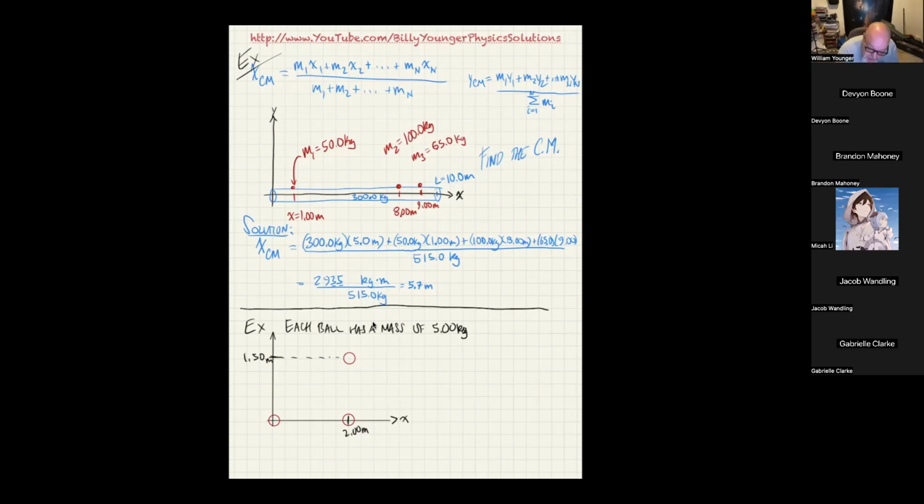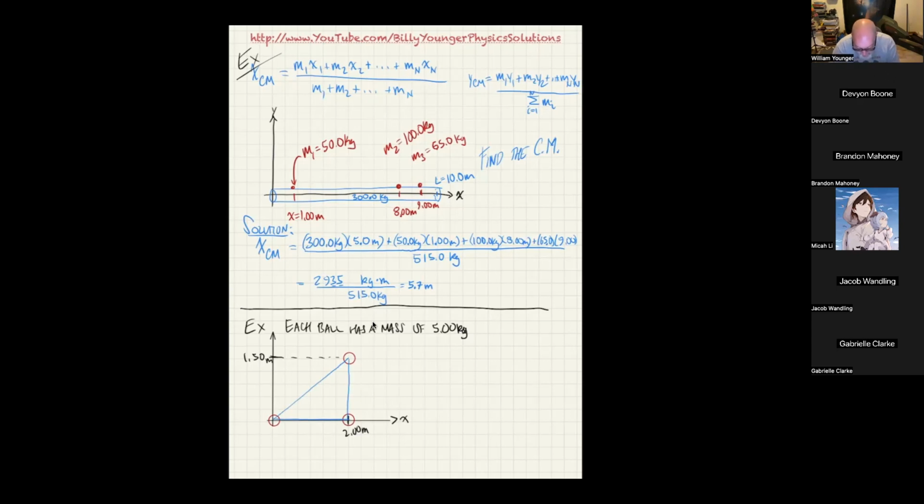And what we can imagine is we could imagine that it's actually sitting on a really, really light sheet of plexiglass or something like that. Nice, rigid, very strong, but essentially massless. And then you basically want to figure out where I could put my finger on this piece of plexiglass to balance these 3 weights. So that's the answer to the question.